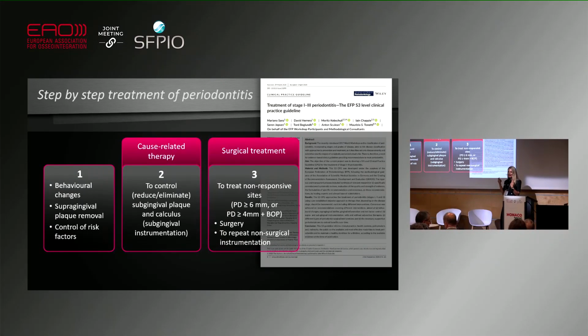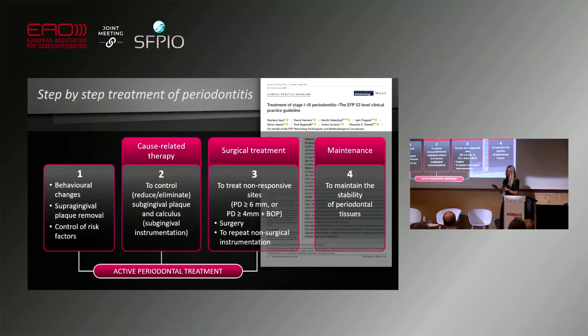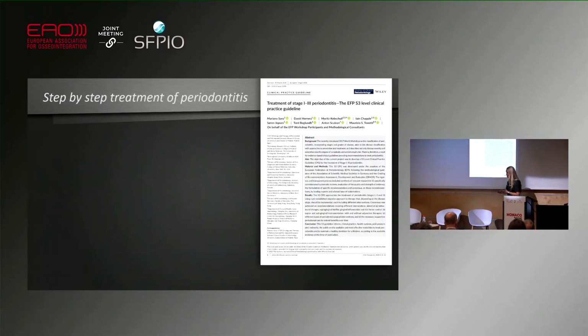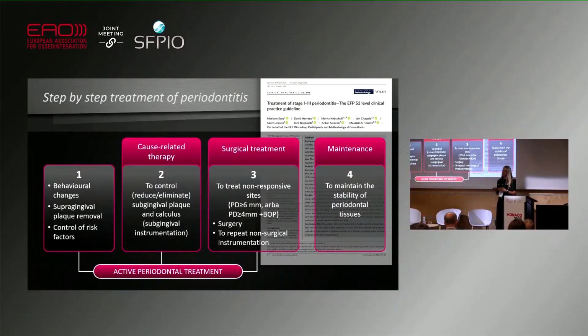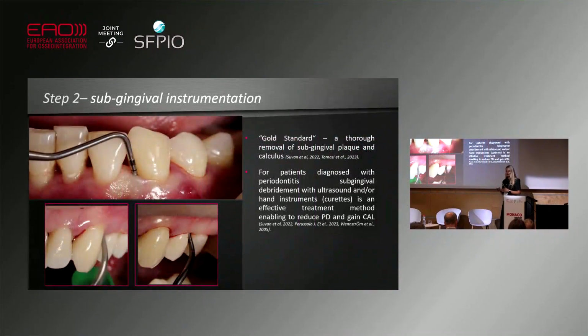So in this slide, thinking logically, we have to be as effective as we can in step 2 in order to reduce the number of surgeries in our clinical practices. And whenever we do achieve the treatment goals, we put the patient onto maintenance, which aims to maintain the stability of periodontal tissues. So dear colleagues, now let's dive deeper into the cause-related therapy, subgingival instrumentation.